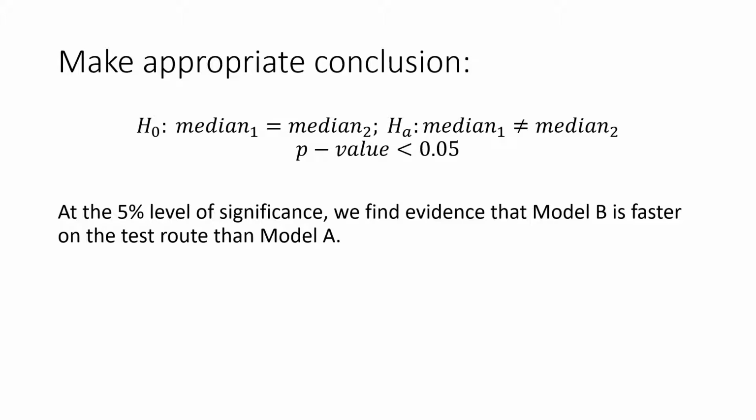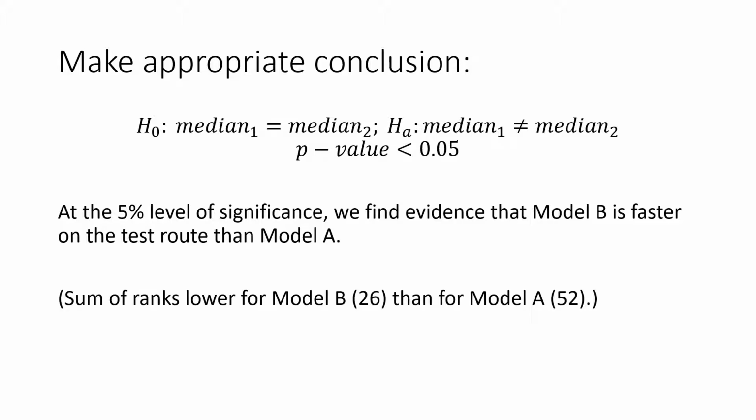I can go back and look at my original data, or I can look at the sum of the ranks. Remember, the sum of the ranks for model B was 26. That means that the times were typically smaller compared to model A, where the sum of the ranks was larger.